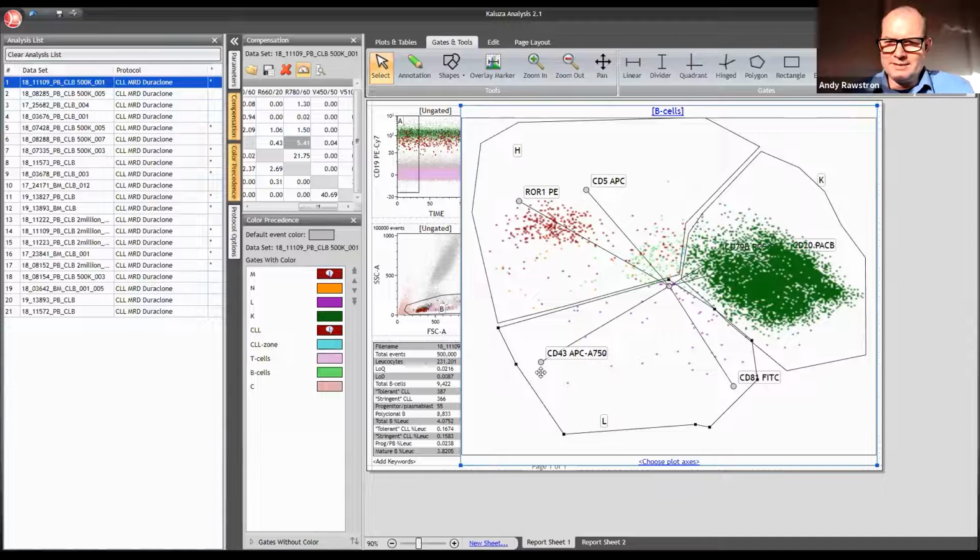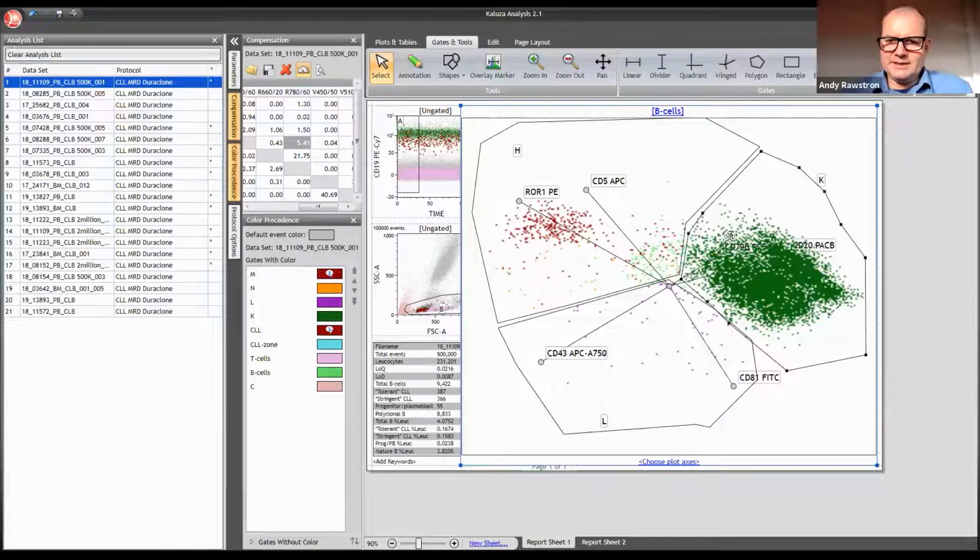CD43 is negative on mature B cells, but strong on progenitors and CLL cells. And so CLL and progenitors are pulled over to the left of the plot. Progenitors are pulled to the bottom. Normal B cells are over here to the right.